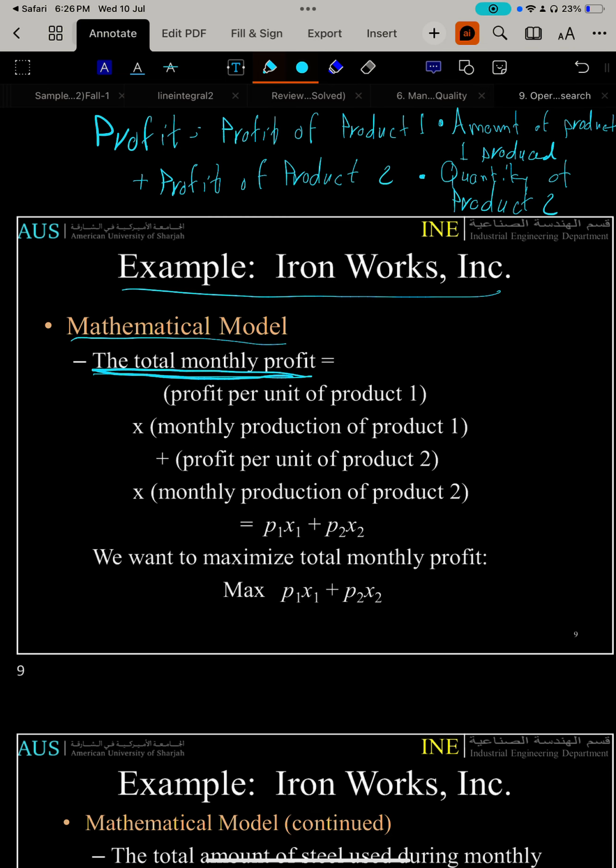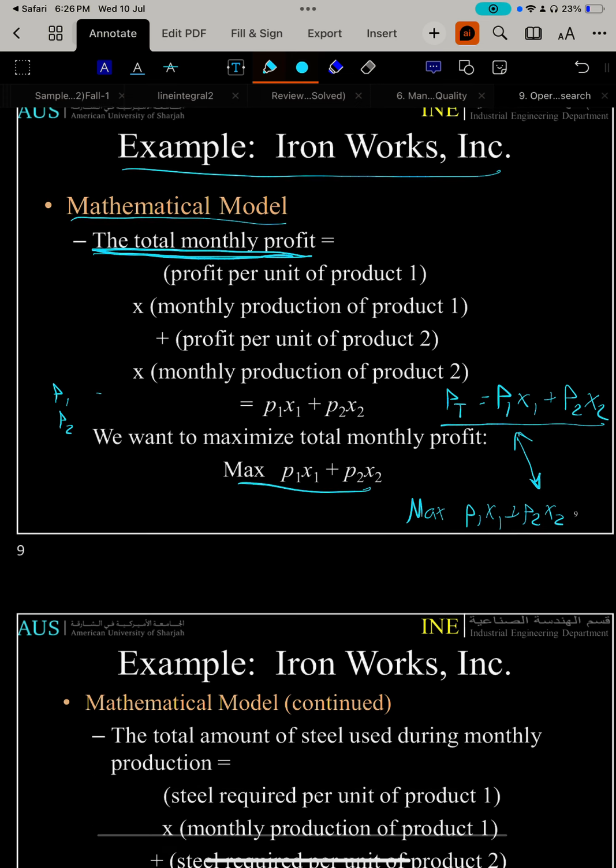If P1 is the profit for product 1 and P2 is the profit for product 2, then we can model this as P total equals P1 x1, where x1 is the number of units for product 1, plus P2 x2. That's our mathematical model. If you want to maximize profit, we say max P1 x1 plus P2 x2, and this will maximize our profits, as you can see.